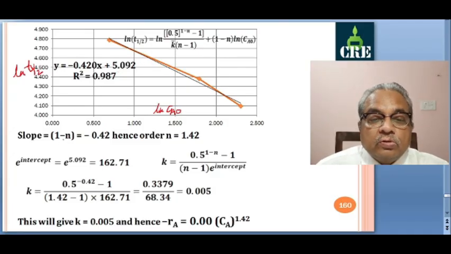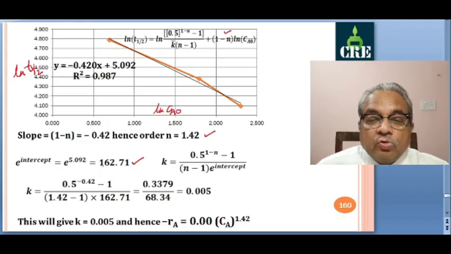Okay. So the slope is 1 minus n, and 1 minus n is minus 0.42. So the order is 1.42. Intercept is 5.092. So the antilog, the exponential of the intercept, is 162.71. That is the value of this constant.